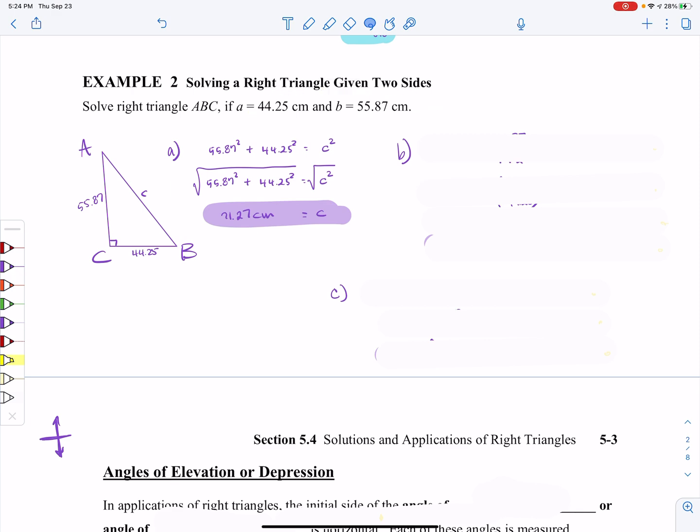For part B, I don't actually remember what I found here, so let me peek. All right, so it looks like I'm going to find angle B next. When I look at what I've been given, these two sides, opposite and adjacent, let me use tangent. So the tangent of angle B is equal to 55.87 divided by 44.25.